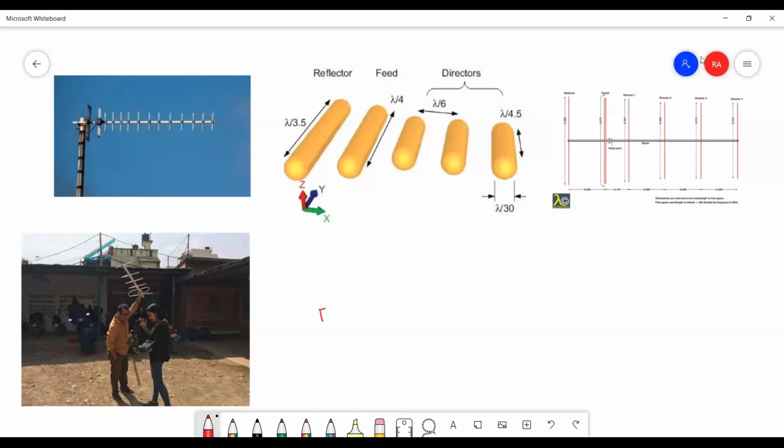These are typical TV Yagi-Uda antennas. The parasitic elements receive their excitation from the voltages induced in them.